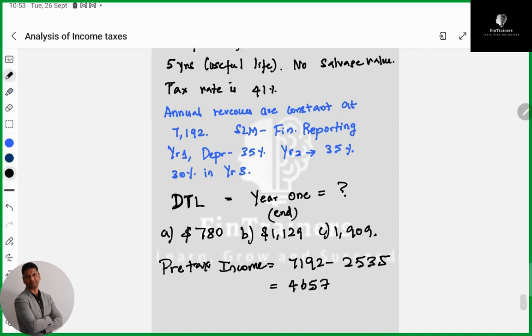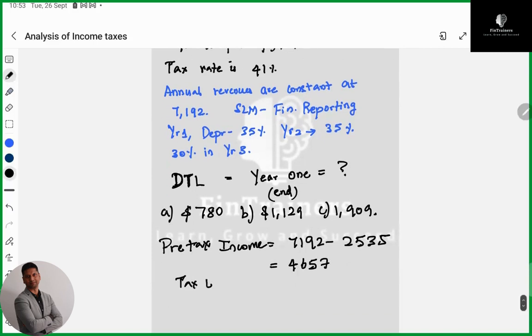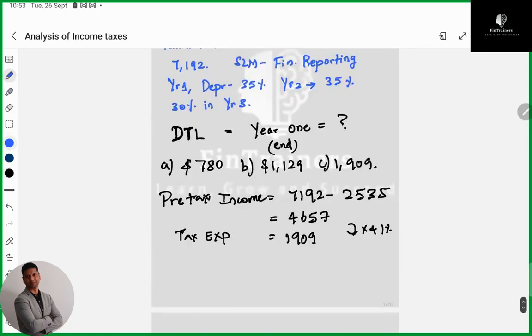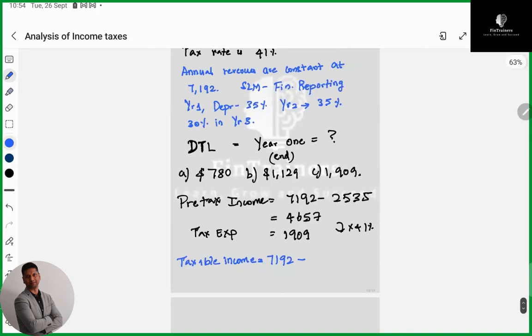So this tax expense will be times 0.41, 41%. So that will be 1909.